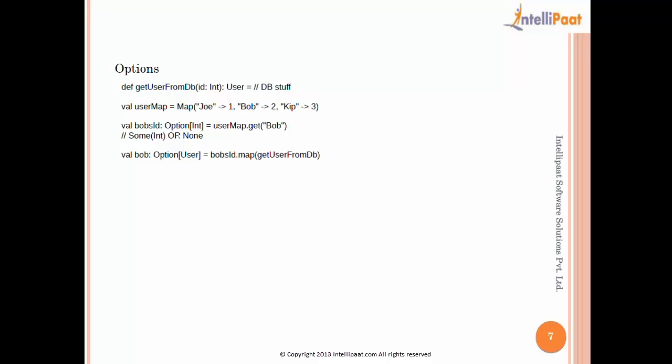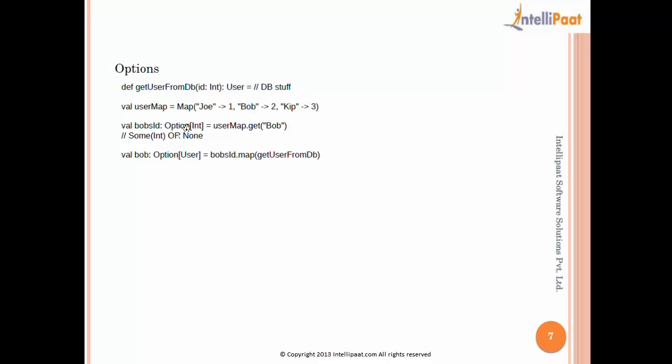For example, in this case we have a function which gets a user when given an ID, and we have a list of users called user map. What we are trying to do in user map is get a user called Bob. In our case, there's a user called Bob, so it returns 2. What if we don't have a user called Bob? It's not going to return a null.